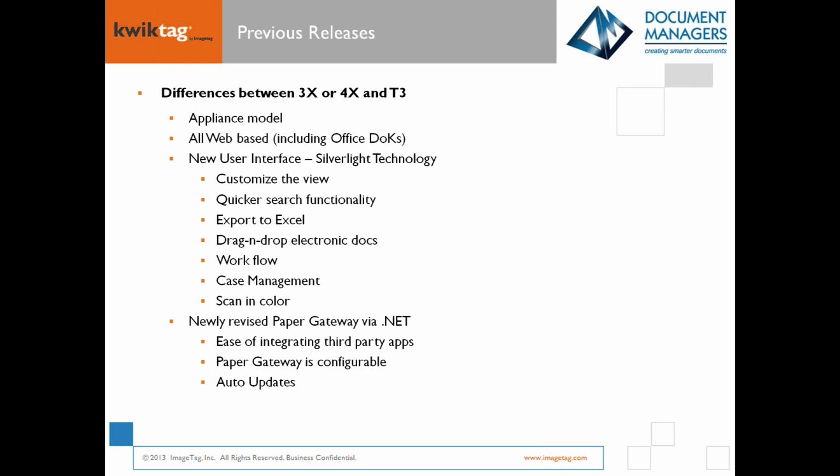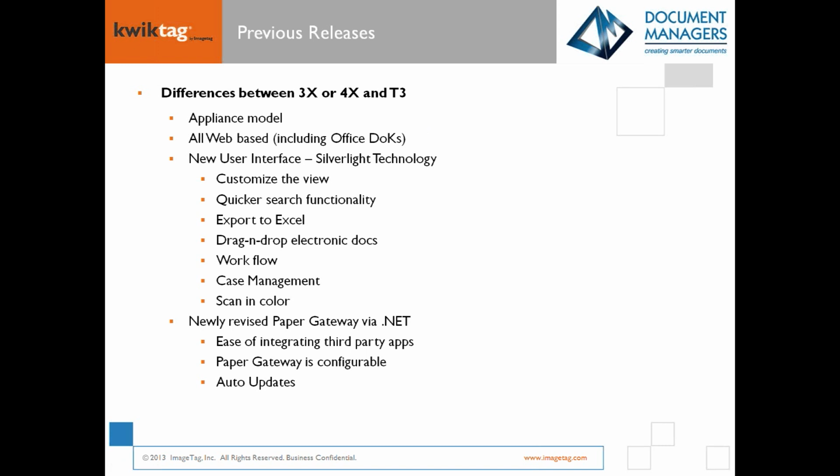If you have a 3X version of QuikTag, we now offer QuikTag in an appliance model. The difference is, before we used to offer software to be installed on your hardware. But now QuikTag comes in two flavors, either an appliance model or a virtual thumb drive.